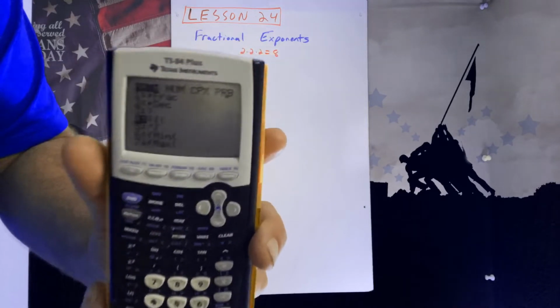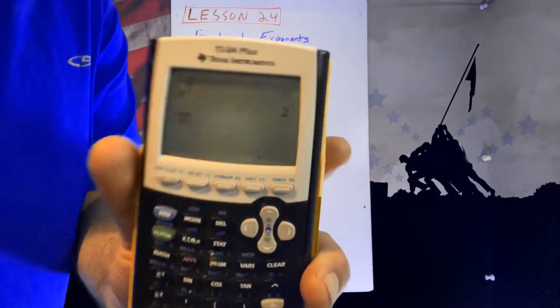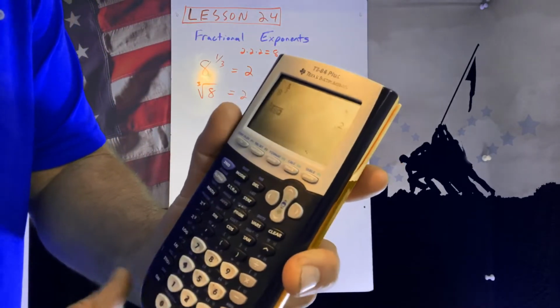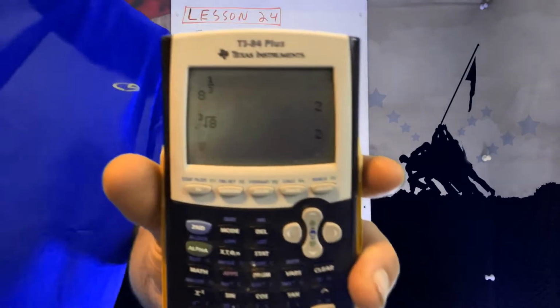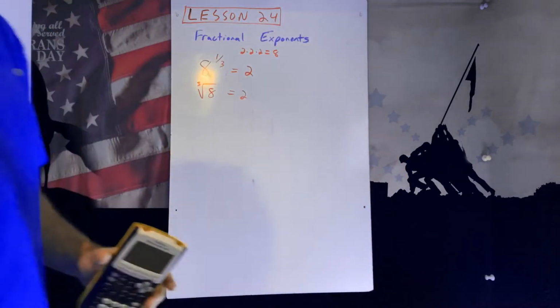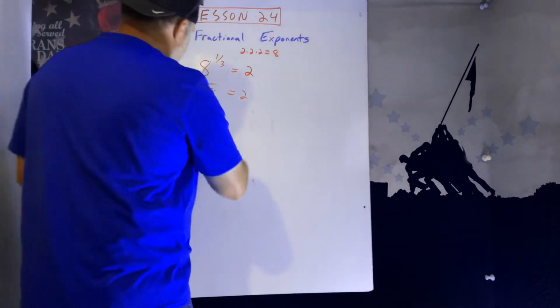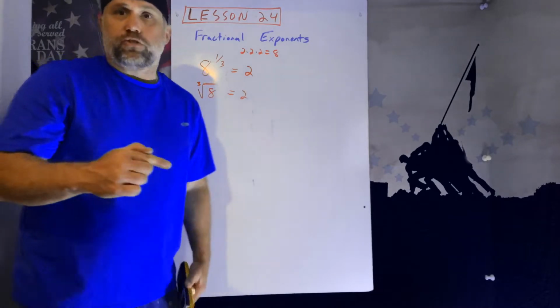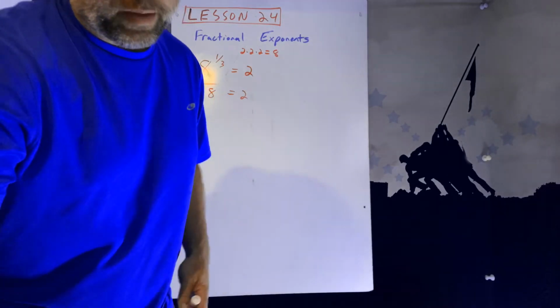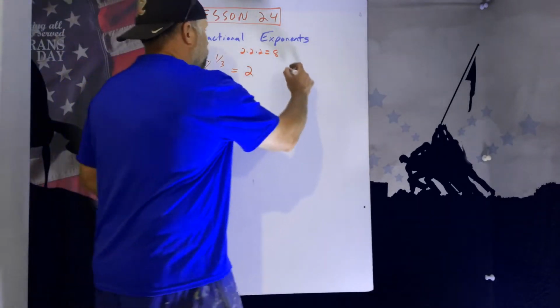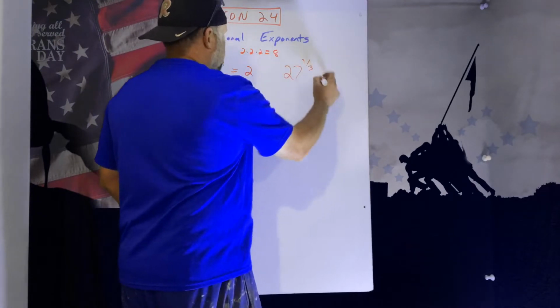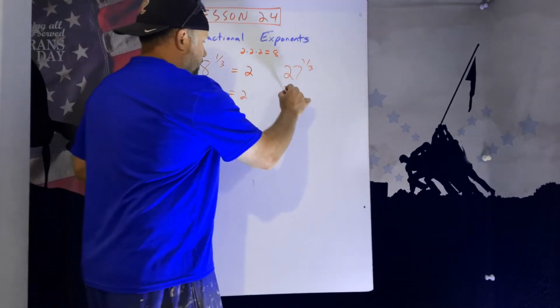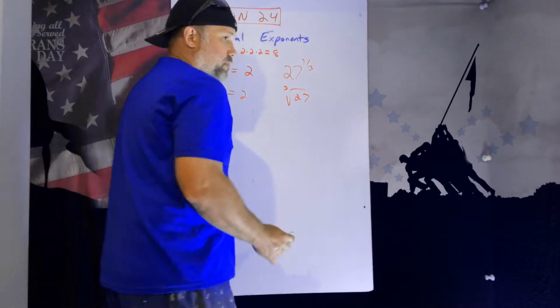Hit enter, and then type in 8, and you'll see the cube root of 8 is 2. So raising a number to the 1/3 power is the same as cube rooting it. So for example, if you wanted to do 27 to the 1/3 power, that'd be the same as taking the cube root of 27.